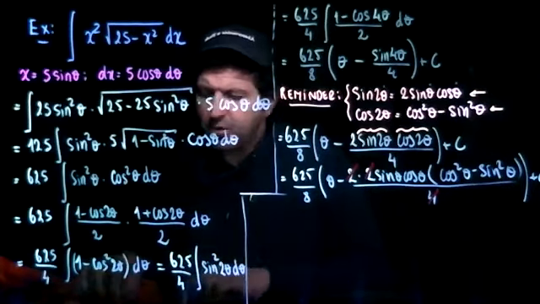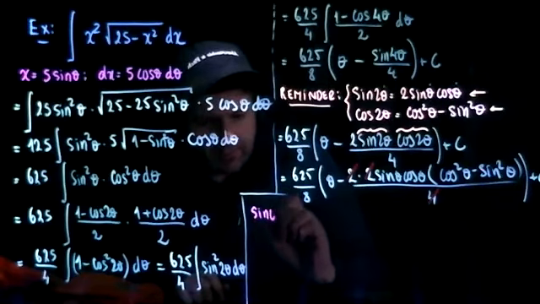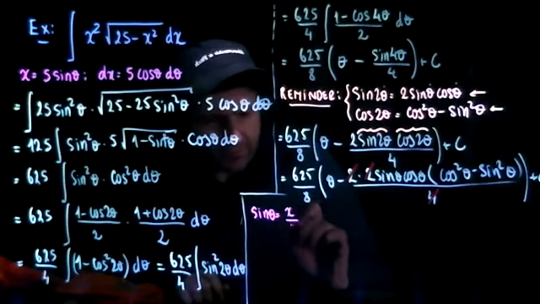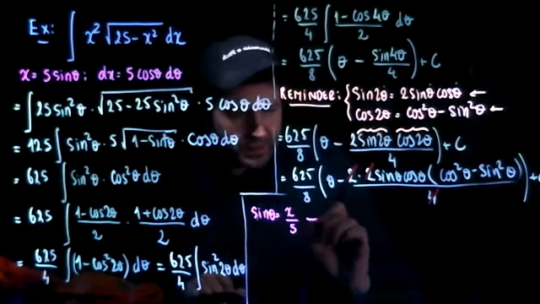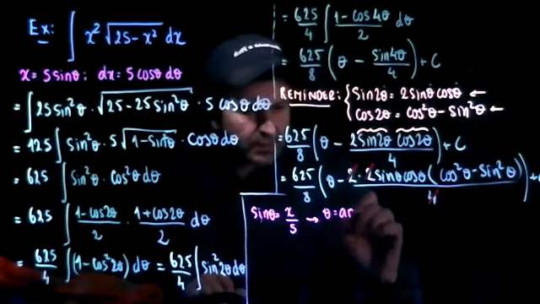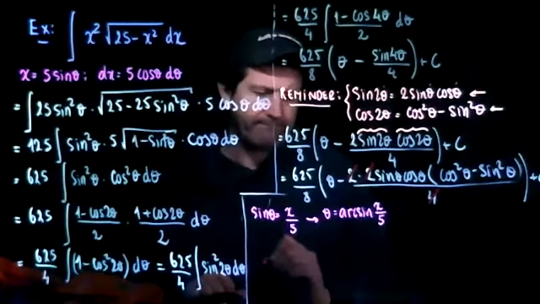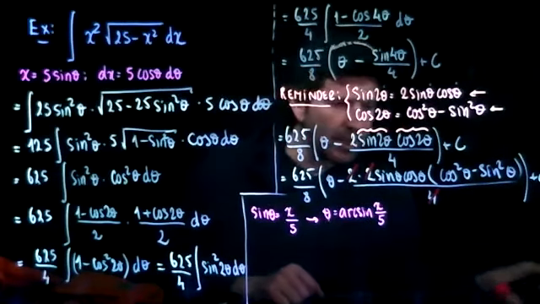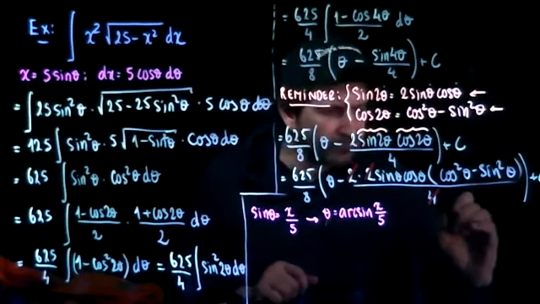Okay. So my substitution was sine theta is x over 5. Which means that theta is the arc sine of x over 5. And then I will draw my triangle, if you remember.